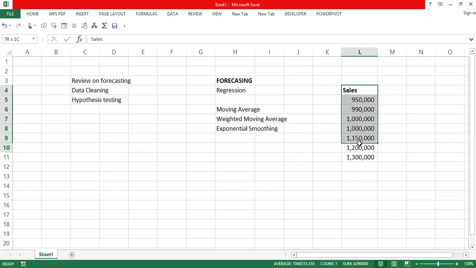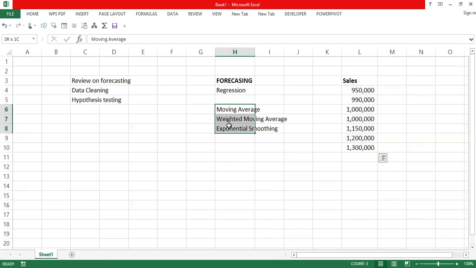There's something you should also understand when you are dealing with moving average, weighted moving average, exponential smoothing. There are some assumptions you make which is different from regression.